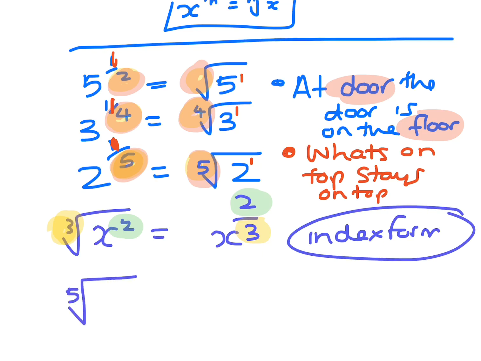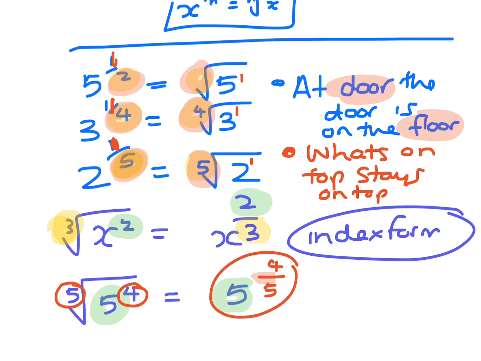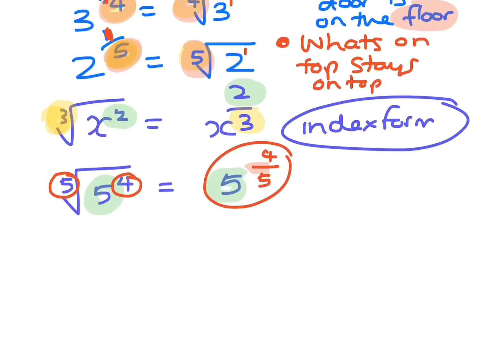So if you have the fifth root of 5 to the 4, 5 is the base, so that will just stay the same. And then you need to write a fractional indice. So you go, okay, what's on top stays on top, so the 4's on top, and the at the door will be at the floor, and that's what it looks like in index form.